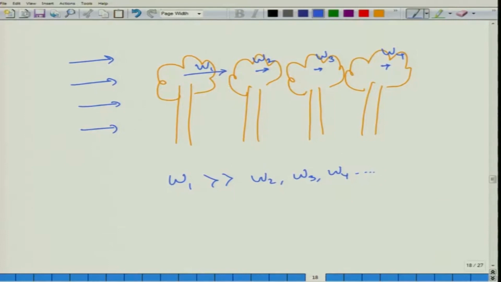Now, because the trees that are growing inside the forest face very little wind pressure, there is very little stress at the bottom. So, essentially if this tree could topple to a large extent, this tree would have a very low pressure here.